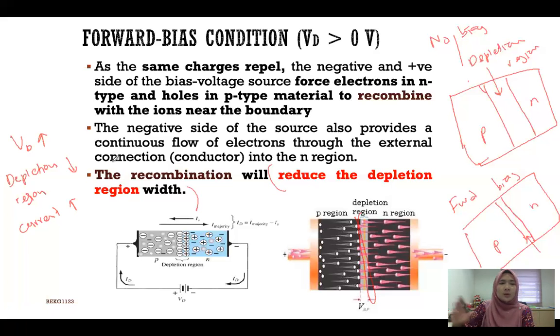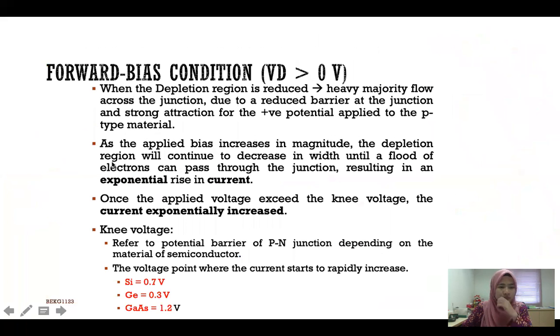So this is what happens in the forward bias condition. When the depletion region is reduced, heavy majority flow across the junction due to a reduced barrier at the junction and strong attraction for the positive potential applied to the p-type material.